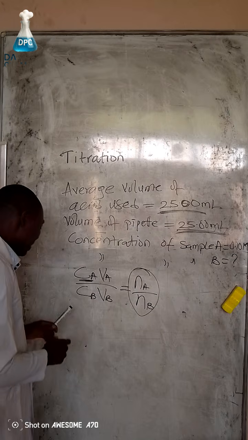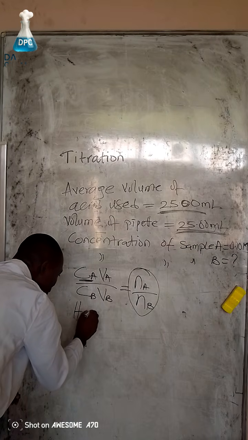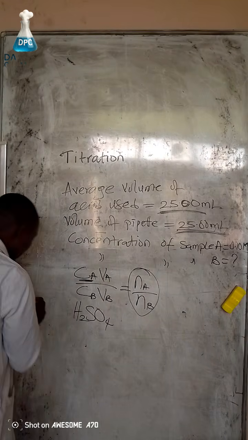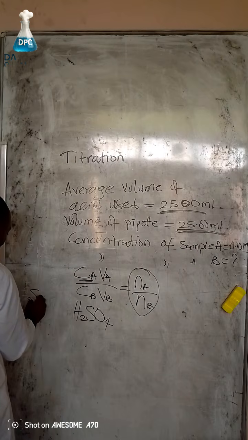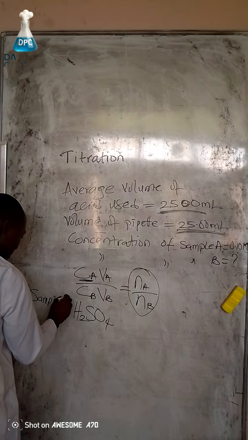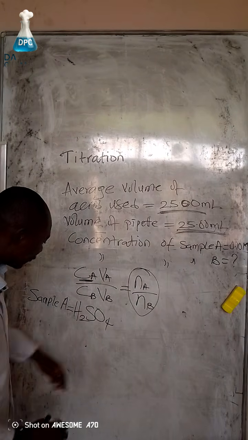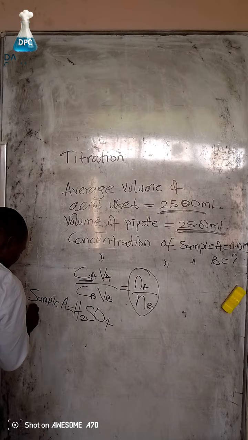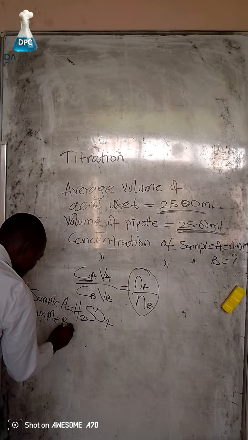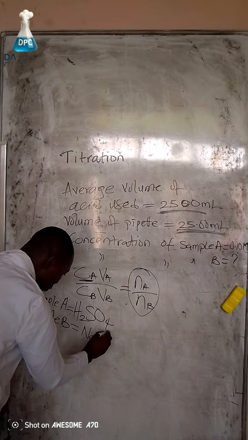Let's take it that the reactants are H2SO4, that is sample A, and let me say sample B is NaOH.